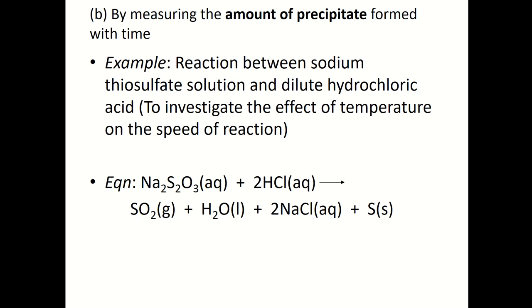You can take the time taken for the blue coloration to appear. Okay, another example is shown here where you have a reaction of sodium thiosulfate with dilute hydrochloric acid. So what you will see here is you have a solid that is being formed. So by looking out for the solid, you can actually measure the time taken for this solid to form.